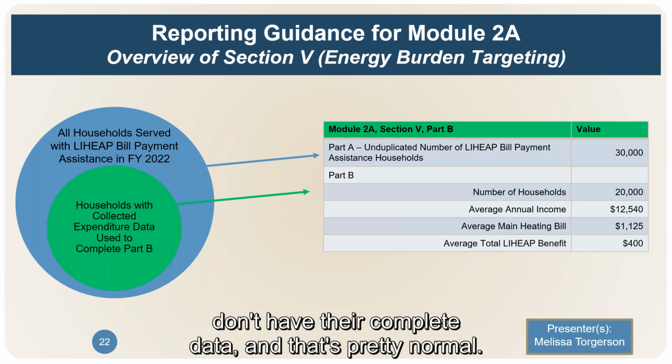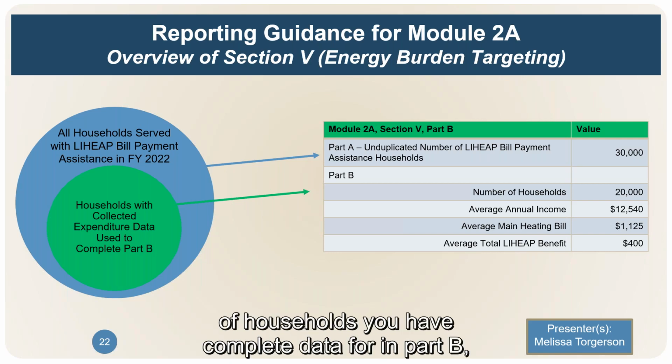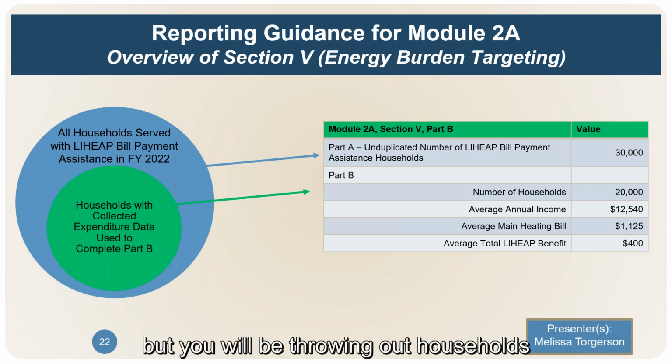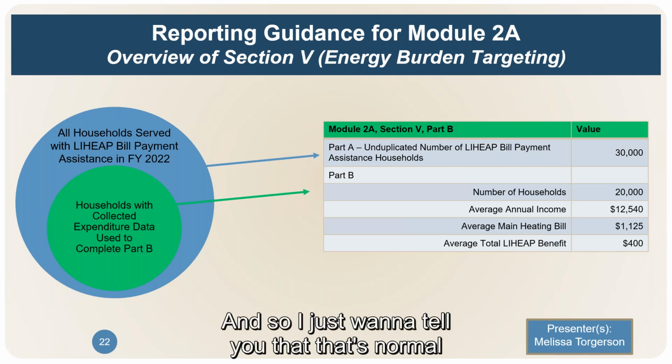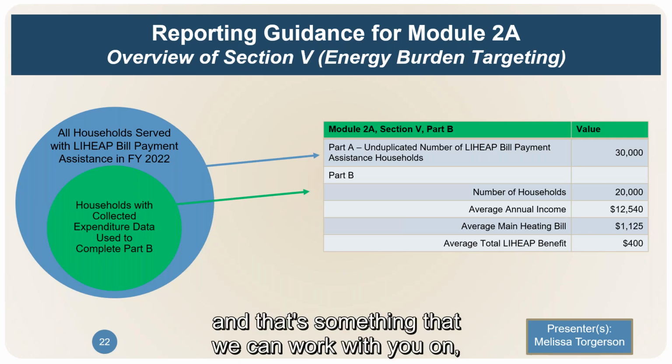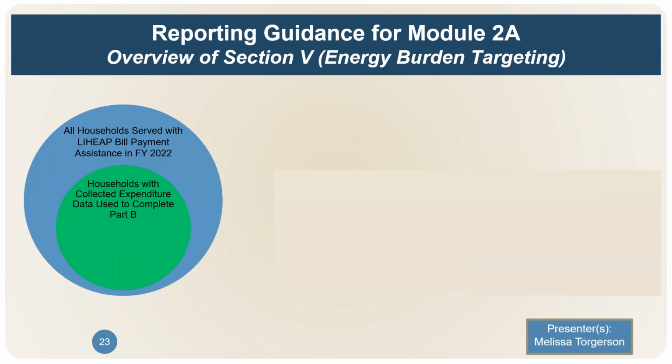That's pretty normal. The goal, over time, is to increase the number of households you have complete data for in Part B. You will be throwing out households, and there's nothing fun about that, and it feels wrong. But that's normal, and we can work with you on how to increase that number over time.